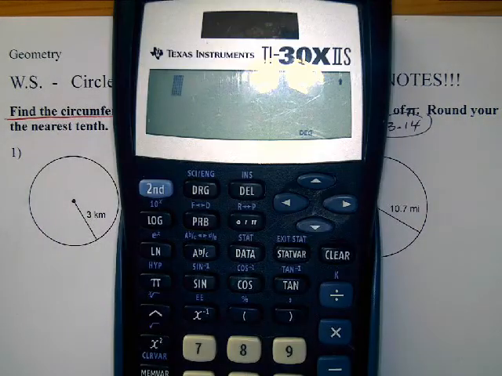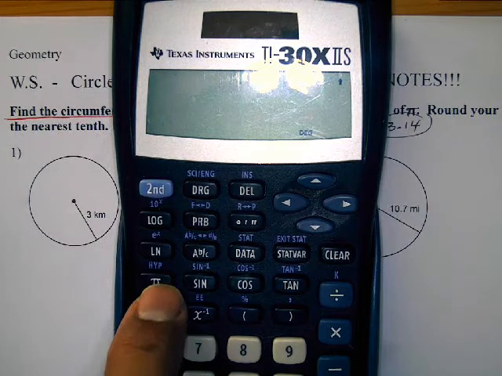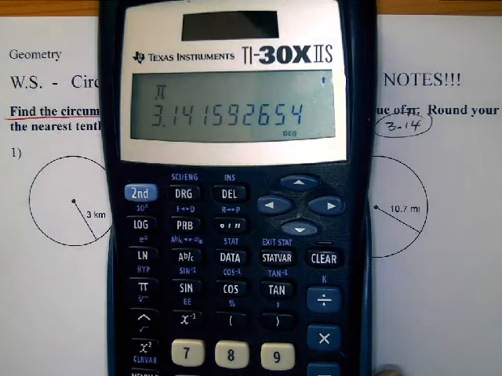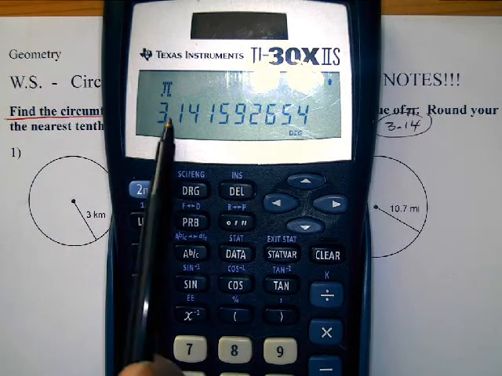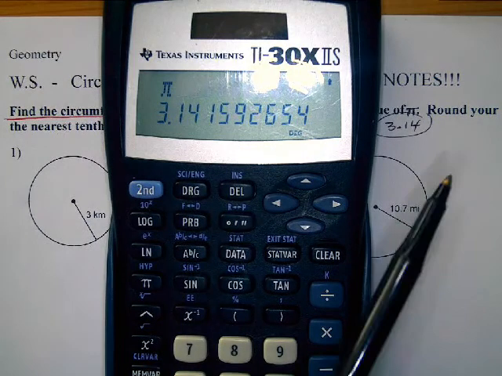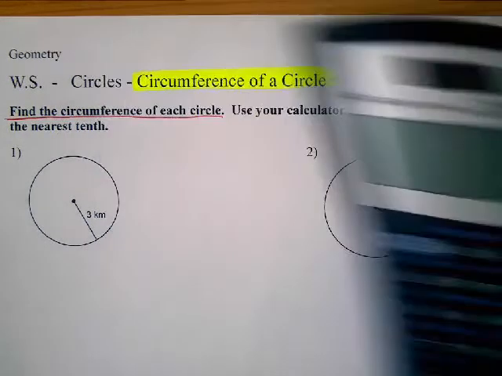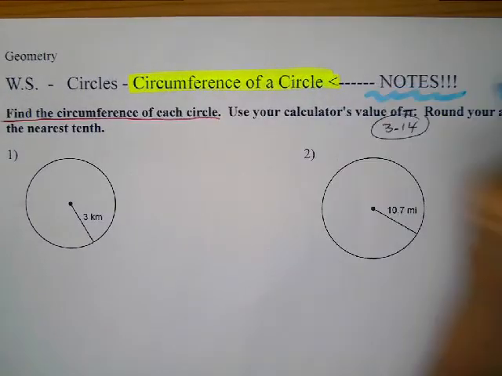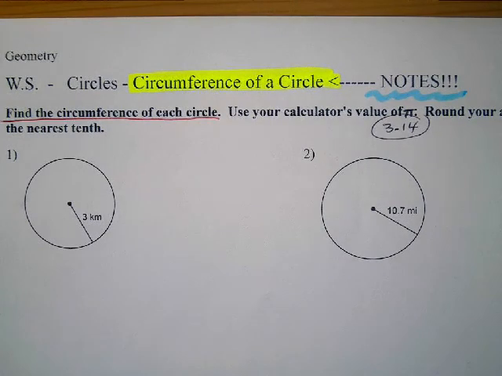Here's pi right there. If I hit it and hit enter, see, it's not just 3.14, there are a lot more numbers after it. So pause it. These are the notes, and when you're ready, continue.